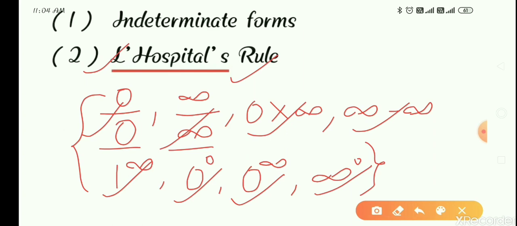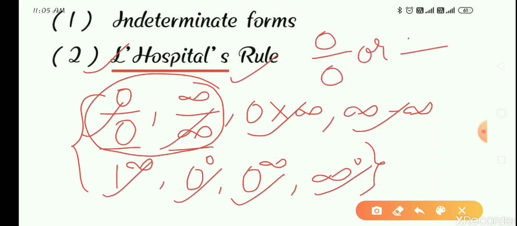One more very important thing I will tell you. L'Hospital's rule will be applied only when you get the first two indeterminate forms. Means if on direct substitution you get 0 upon 0 or infinity upon infinity, then only you can apply L'Hospital's rule. If you get other indeterminate forms on direct substitution of the value of x, then first of all you will simplify the given function and convert it into the form 0 upon 0 or infinity upon infinity.